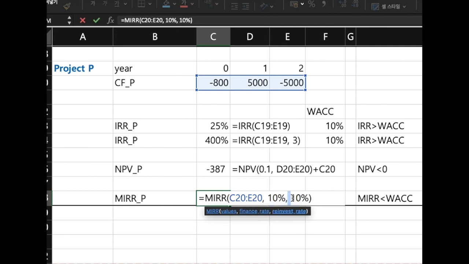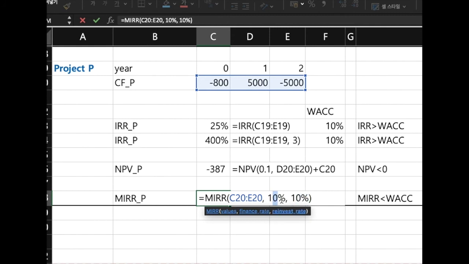Reinvest rate, we already assume that is the WACC, right? And what is finance rate? It is regarding the cost. So if you invest in this project, you need some money, right? So you can finance at some rate. But in this stage, we assume finance rate and reinvest rate are the same.